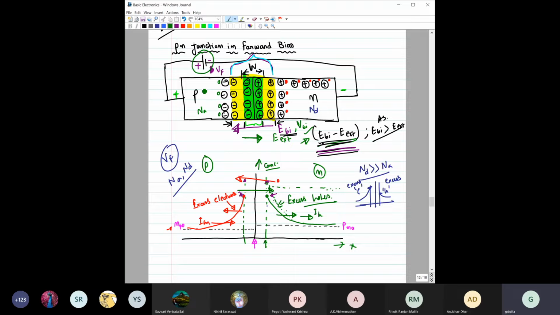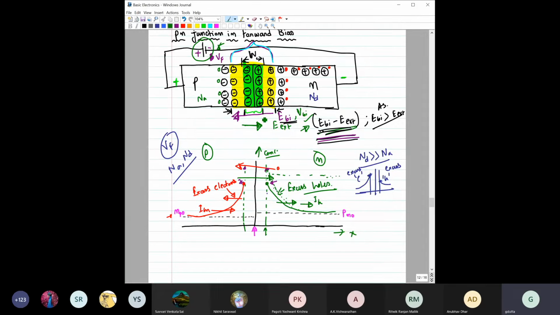Here the supply of water is provided by the applied voltage source, and the barrier lowering is due to the lowering of VBI, the resultant built-in potential near the PN junction. Does that answer your question?